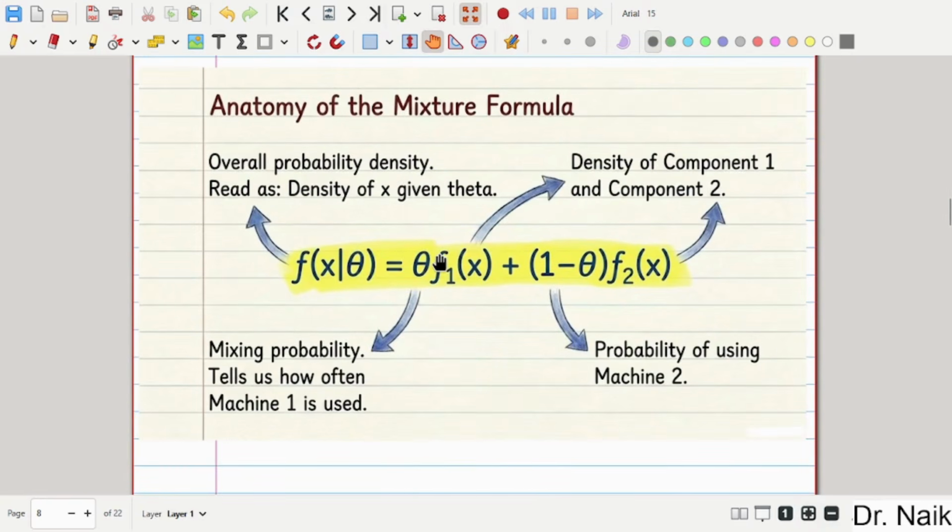Now understand the formula. F of x given theta calculates the overall probability density. Theta is the mixing probability. It tells us how often machine 1 is used. And 1 minus theta is the probability of using machine 2. F1 of x is the density of component 1. F2 of x is the density of component 2.